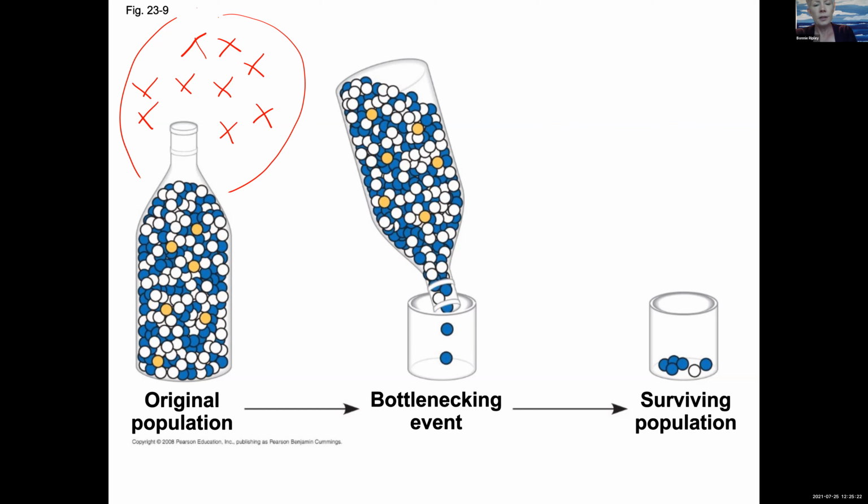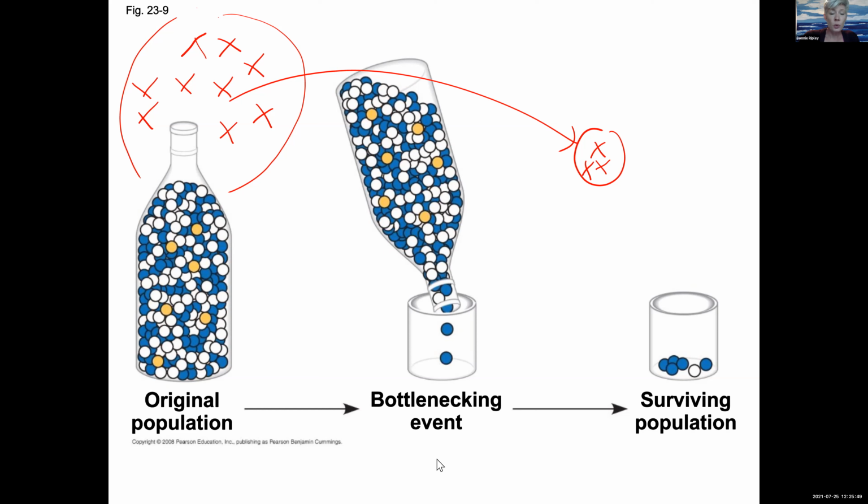And something happens so that a few of them get transported to a new location. So the most often scenario where we see this happening is that we have a small number of birds, say, they get stuck in a big storm, they get blown out over the ocean, and they are lucky enough to find some tiny island and they land on it and they survive.